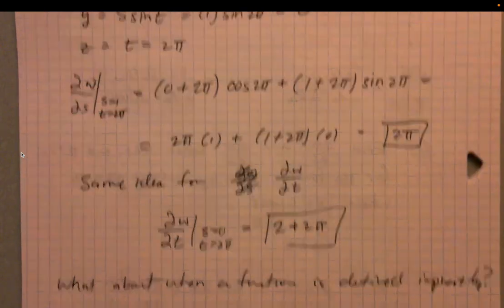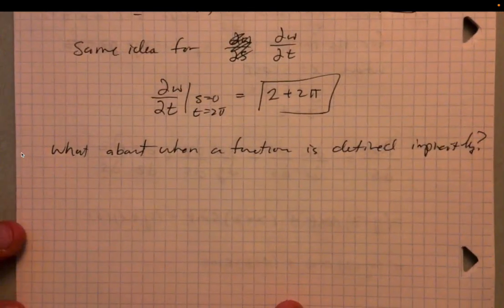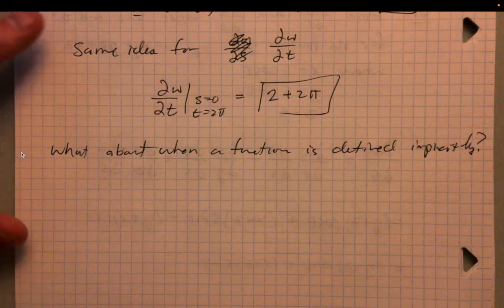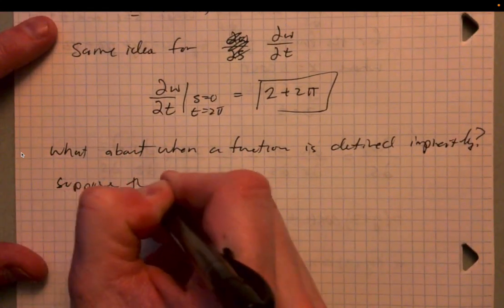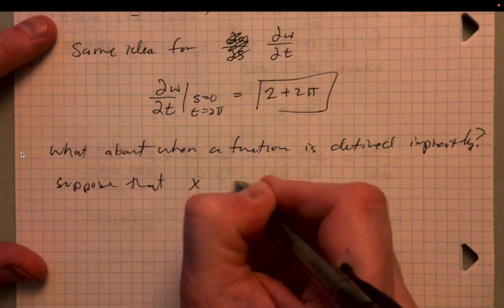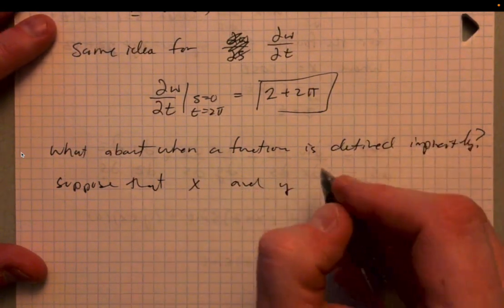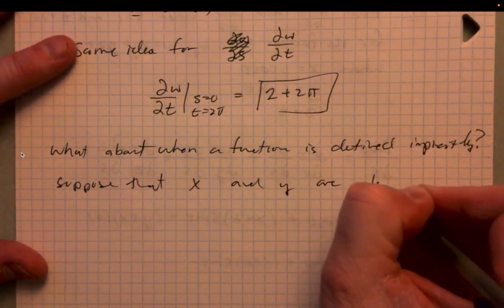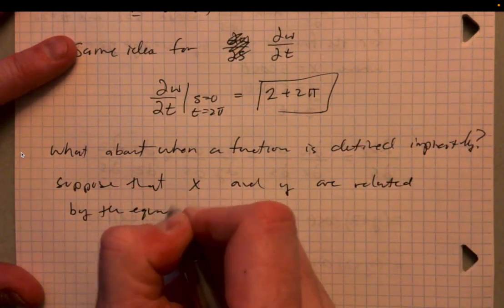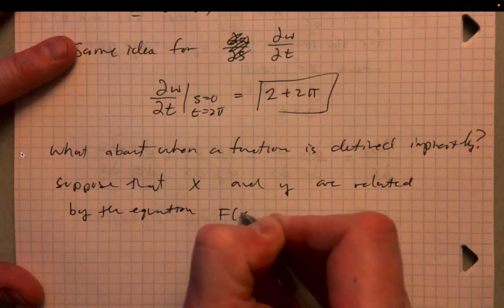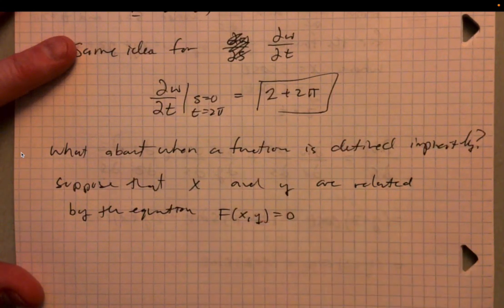Okay, so let's talk through this again here just to refresh the way we think about this. So suppose that x and y are related. Suppose they're related by the equation F(x, y) equals 0.